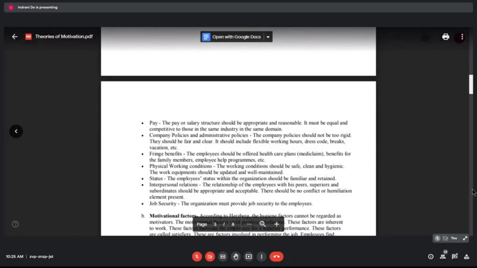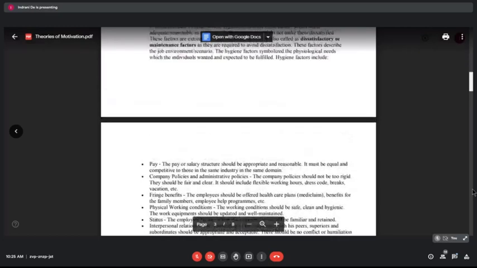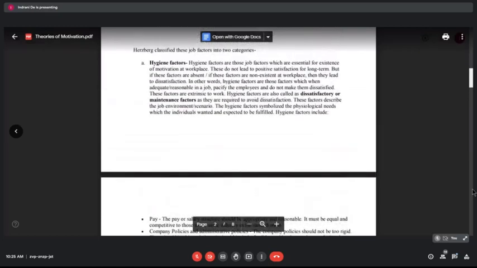If you look at Maslow's hierarchy, there also we have physiological needs at the bottom of the pyramid, and after that the safety and security needs. So these are certain basic things we require. If this is present, if we are getting payment, if we have proper working conditions, will it motivate me?